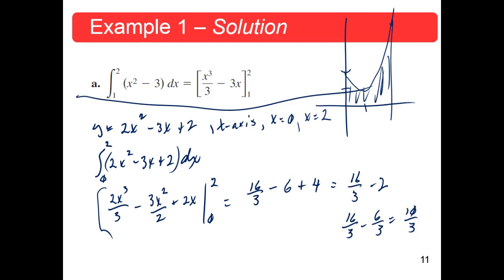Good for them. All right, now there are several ways you can do that, but that's one way of doing it. If I didn't have the graph, I couldn't honestly say that's going to be the area, because I didn't know if that dip went below the x-axis or not.